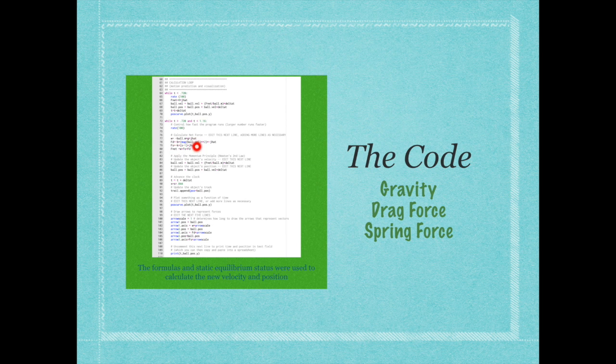We have the weight force right here, which is of course the mass times gravity times j hat, and the drag is the parameter times the velocity squared times the negative j hat. And then we have the spring force, which is going to equal negative K times S minus 1 times j hat. Then we update those right here, and then we append those, and then we have the arrows right there.